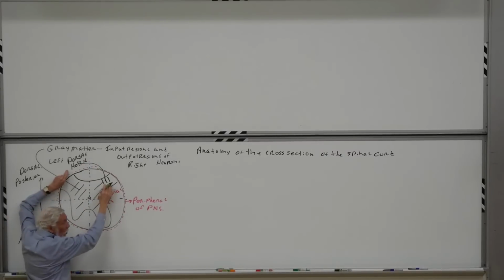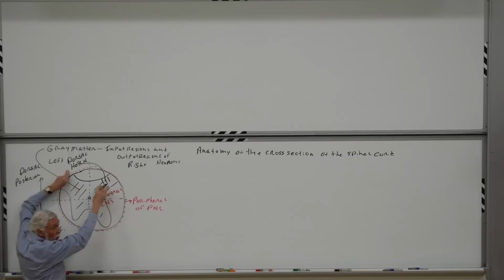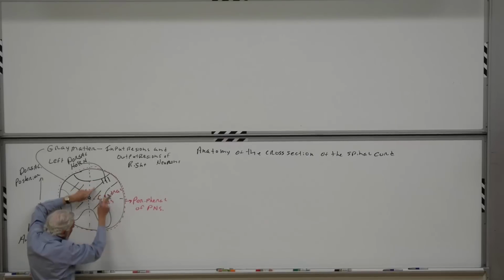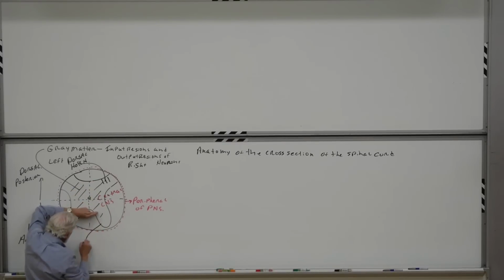The horn that I'm showing you here is gray matter. The horn that I'm showing you here is in the central nervous system. It's inside the red dotted line. So this is the dorsal horn. Down here on this side is the so-called ventral or anterior horn.